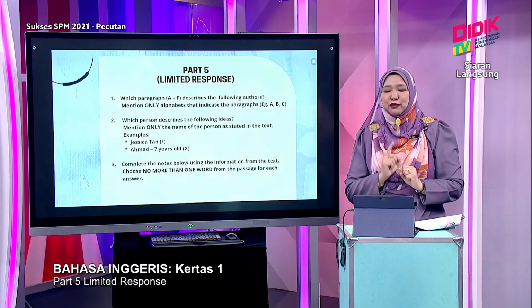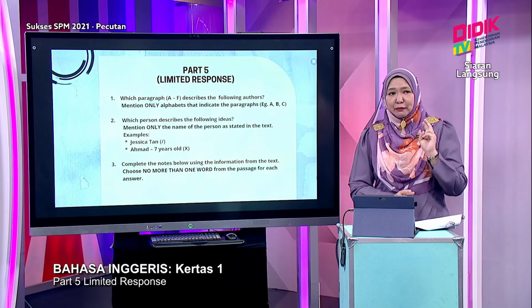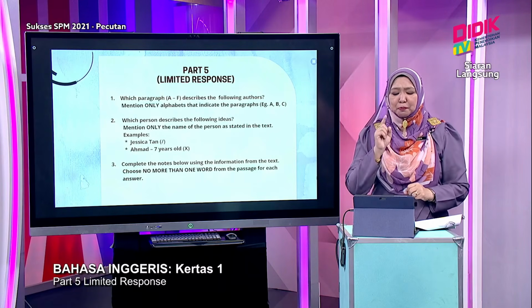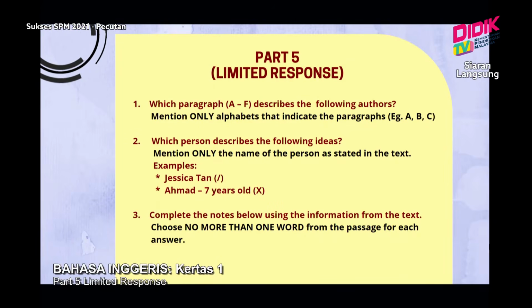You have to follow the instruction. Number 2: if the instruction is which person describes the following ideas, then you mention only the name of the person as stated in the text. For example, Jessica Tan.